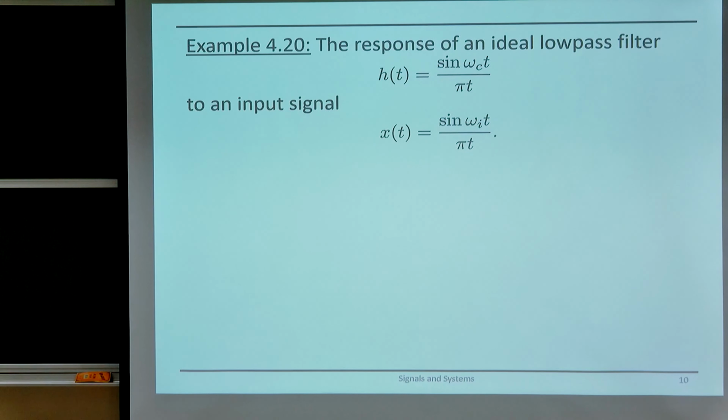So first of all, we know that for a sinc function, the frequency domain is this ideal low-pass filter that is 1 for omega within omega c.